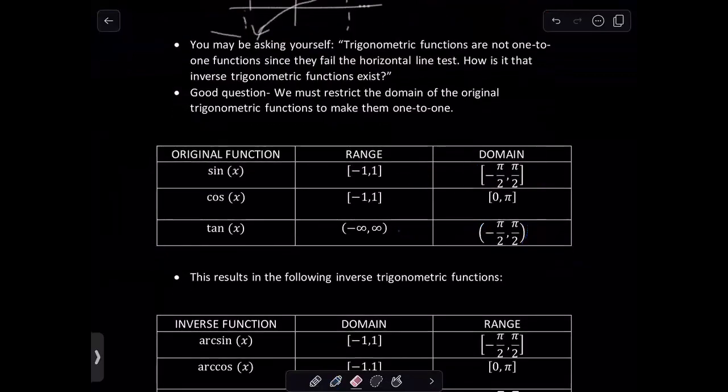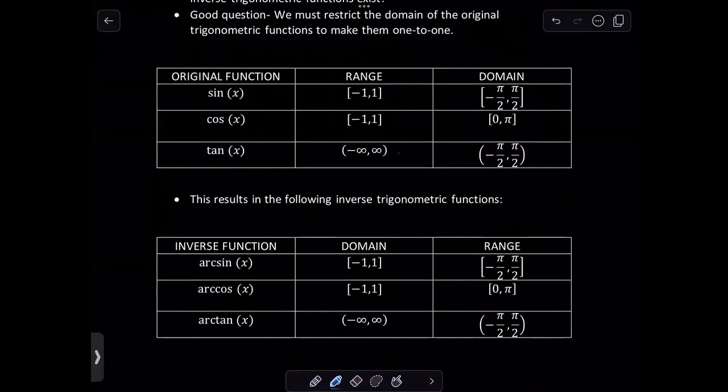Now, how do we go to inverse functions? This is all you have to do for inverse functions. Write down arc in front of each one, and change the heading to inverse function instead of original function. If you want, you can use the inverse notation, with inverse sine and inverse cosine, where you have the superscript of -1. That's the first change you need to make. And then think about what happens when we get inverse functions.